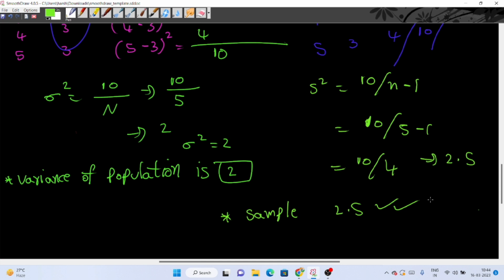This is all about variance, and now let us discuss standard deviation also. As we have seen about variance and we have calculated variance for both sample and population, now we can move further to the standard deviation.